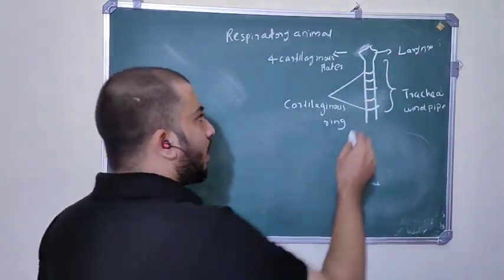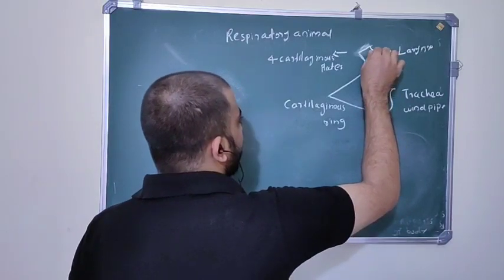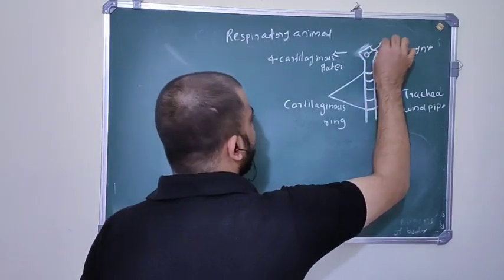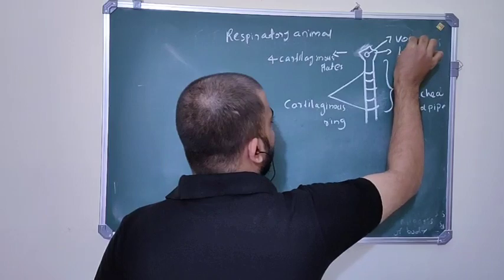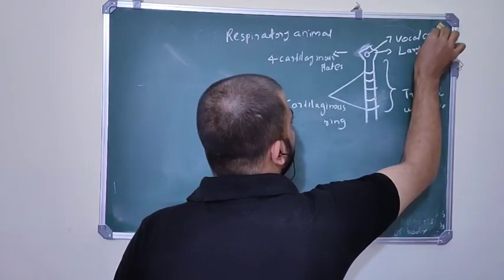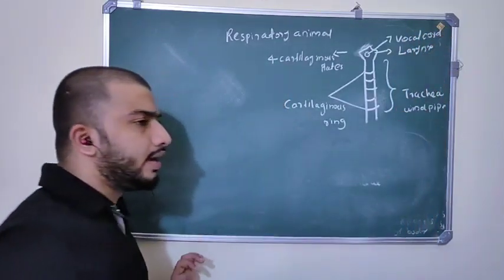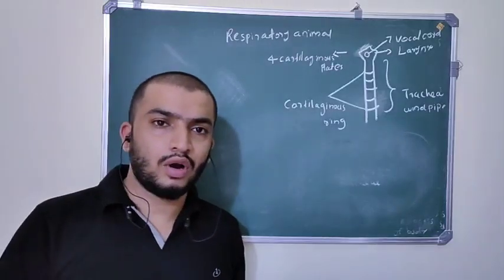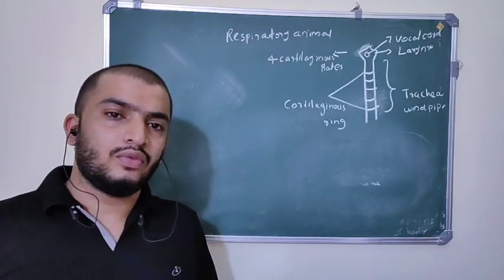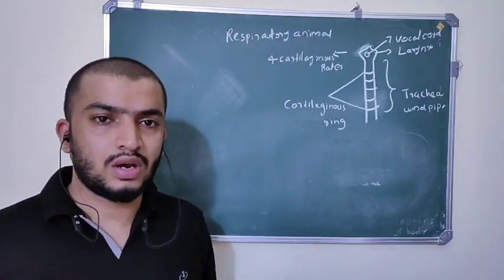So how is sound produced? Inside this larynx, the vocal cord is present. When air enters through the larynx, the vocal cord vibrates, and because of the vibration of the vocal cord, sound is generated.